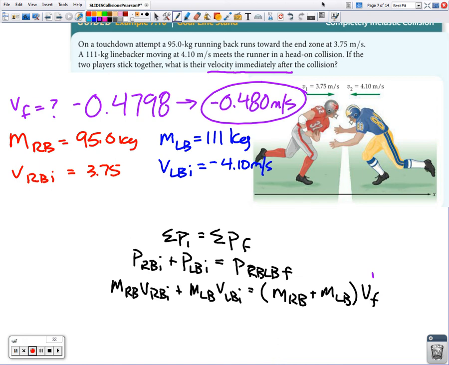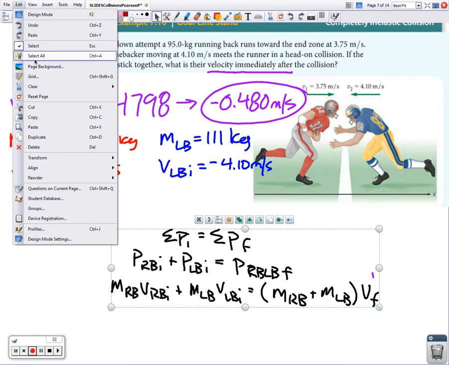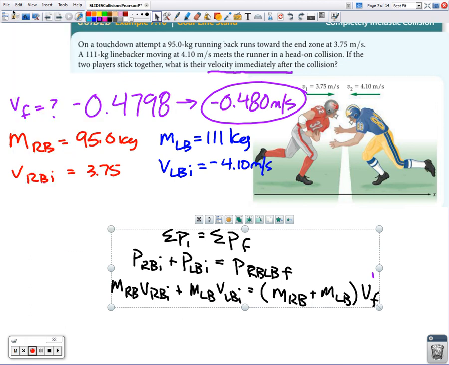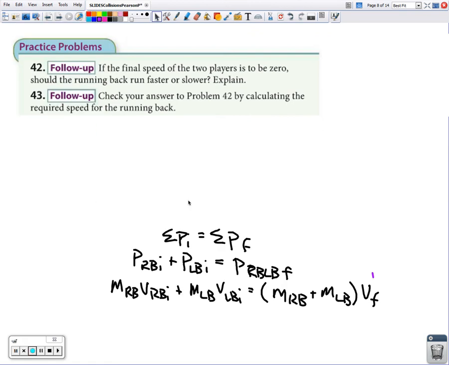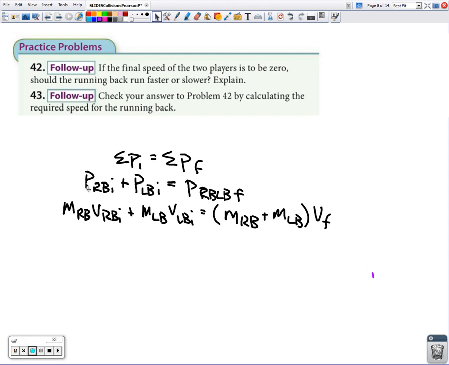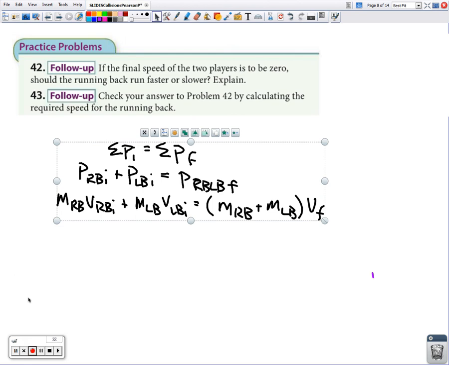All right, just to follow up on this problem. For number 42, it says, if the final speed of the two players is to be 0, should the running back run faster or slower?